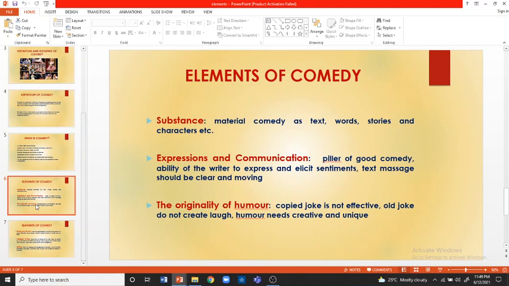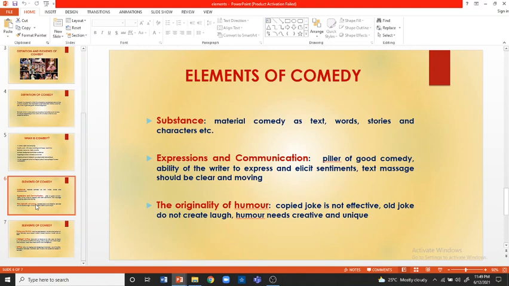So the ability of expressions and communication with readers or audience makes comedy good, and not only good but also divine.